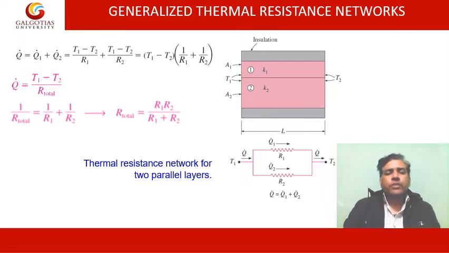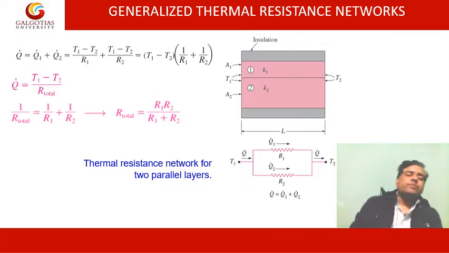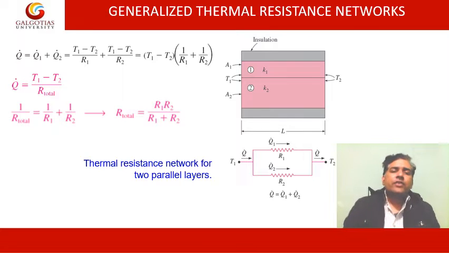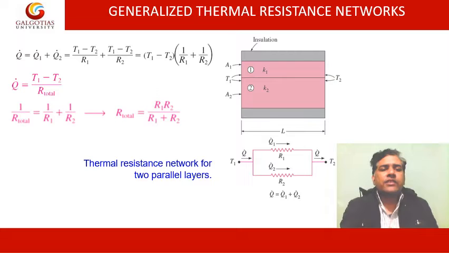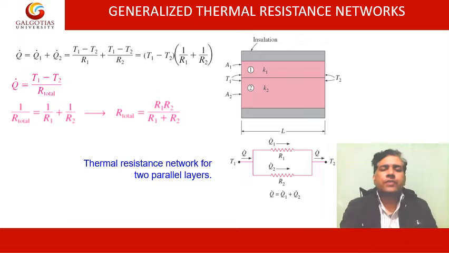So we will start with the generalized thermal resistance network. As we discussed in the last lecture of the previous unit, let us say this is a composite or cylinder wall with two layers.